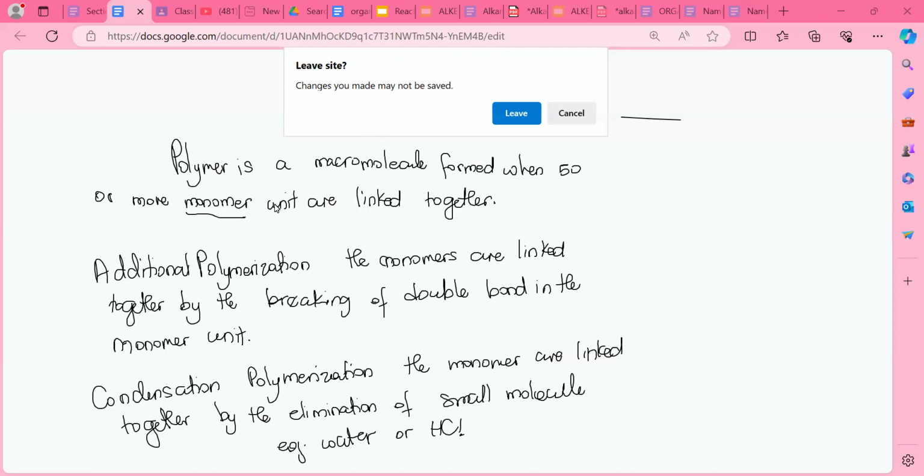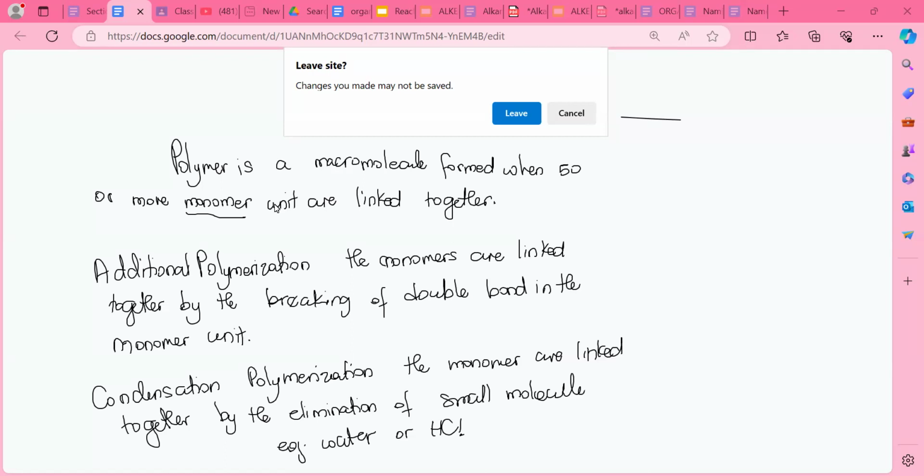We have two types of polymerization. We have addition polymerization. In addition polymerization, the monomers are linked together by breaking of the double bond in the monomer unit. So we generally start with an alkene, and we break the double bond in the monomer units and repeat those.